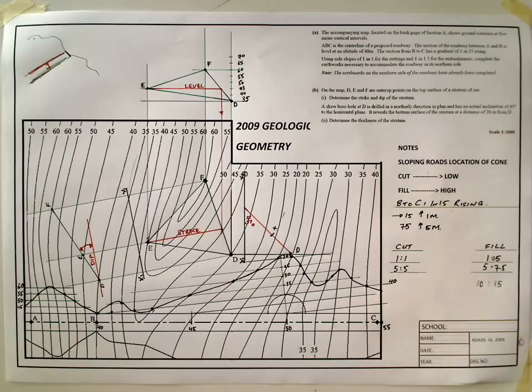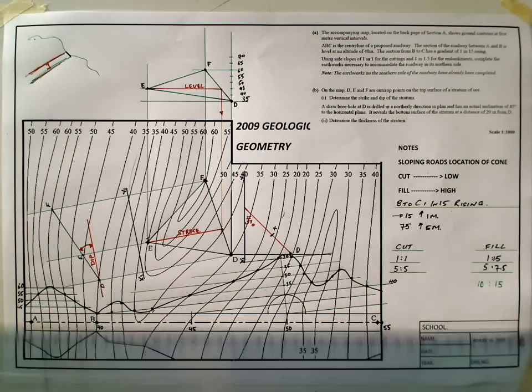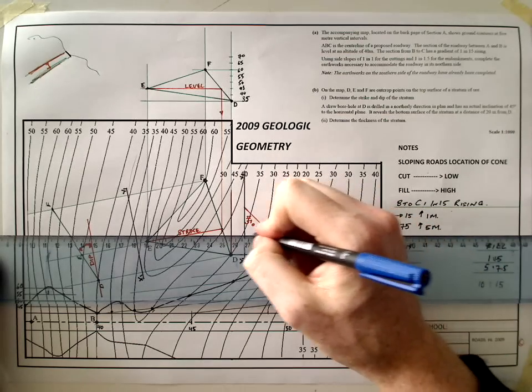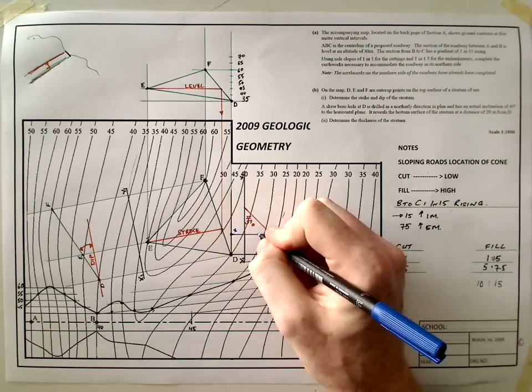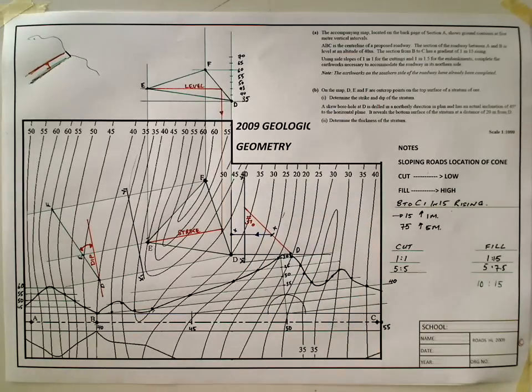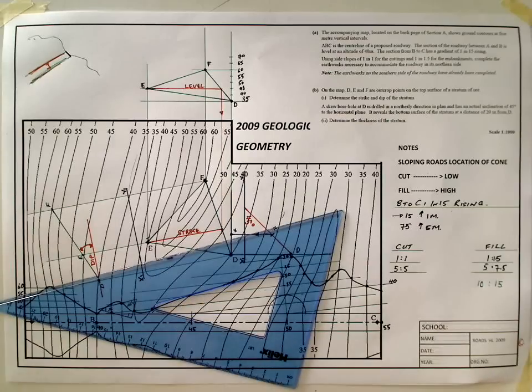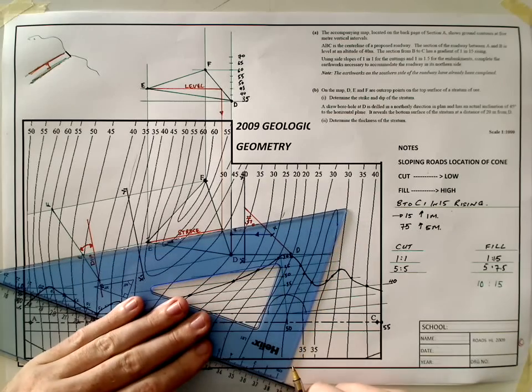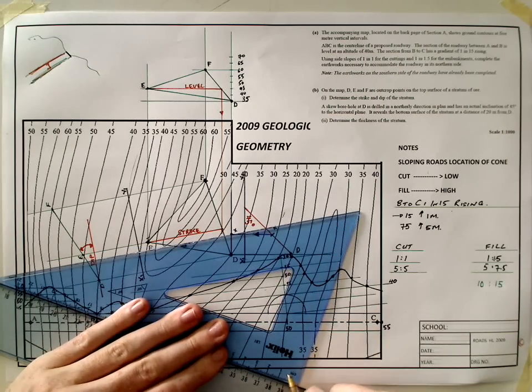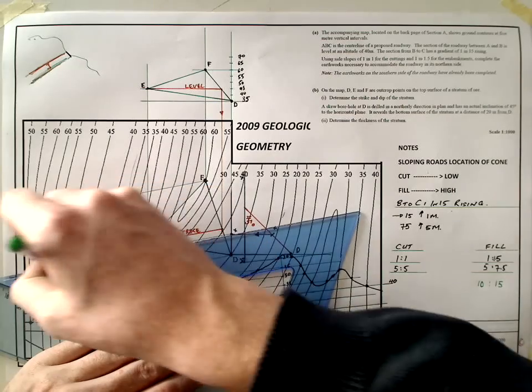To determine the thickness of the stratum, the next thing I need to do is transfer this point back to this view here. So I'm going to transfer back this X. That there is the plan of X. Come back this way. And now I need to project this up to this view here.